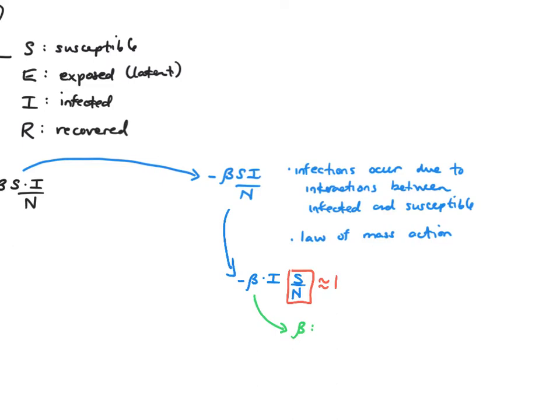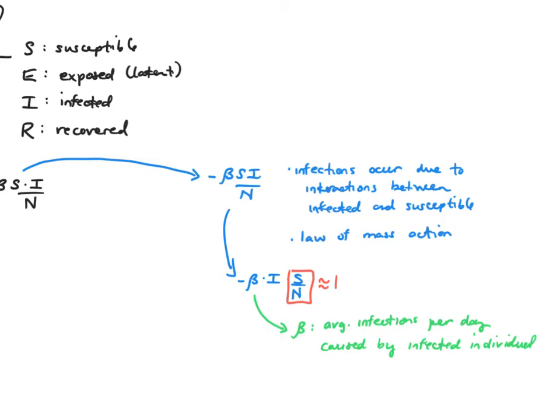So it will be the average number of infections per day that's caused by an infected individual. And so if beta was equal to, let's say, 0.25, that would mean about every 4 days, the infected individual would infect some other individual.